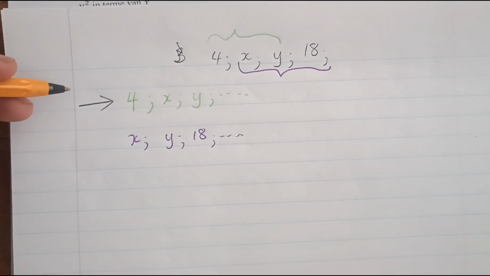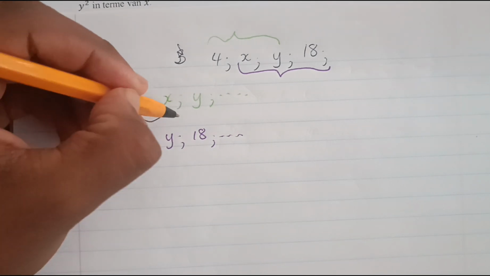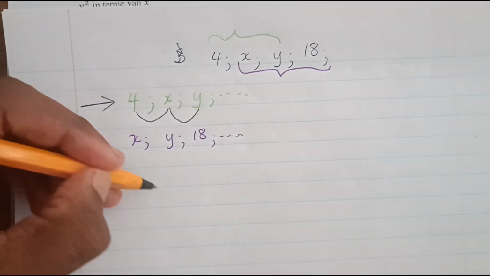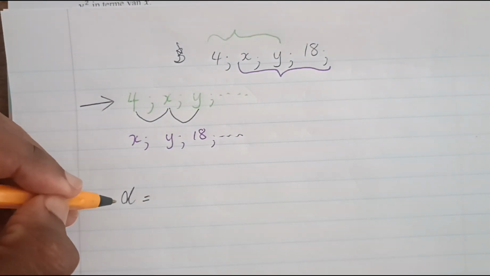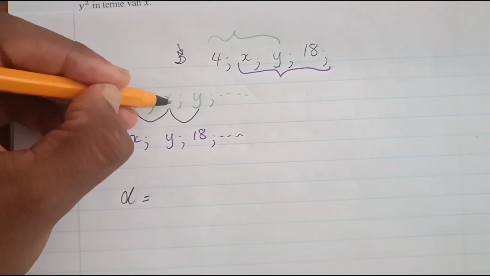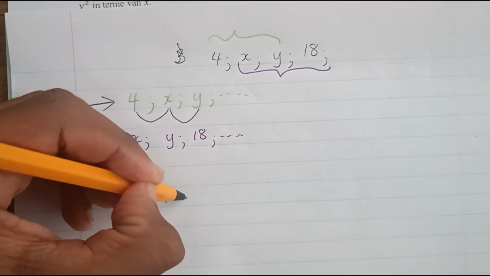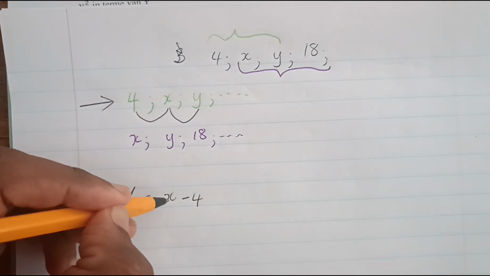And because it's arithmetic, we know that there's a constant difference. So from term to term, whatever I'm going to add has to be the same. So how do we find the difference? Difference is always second minus first, right? Or consecutive terms, second minus first. So we're going to say the second term here, which is x, and we're going to subtract the 4 from it. Second minus first gives us the difference.